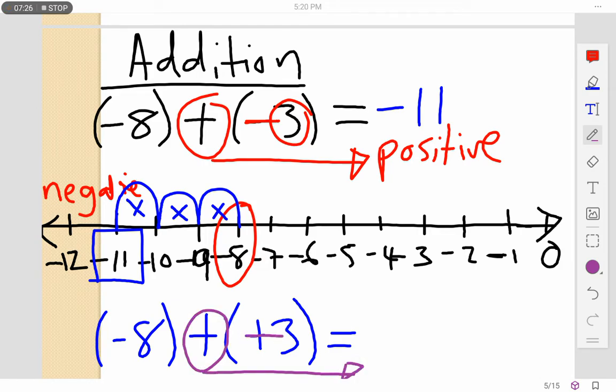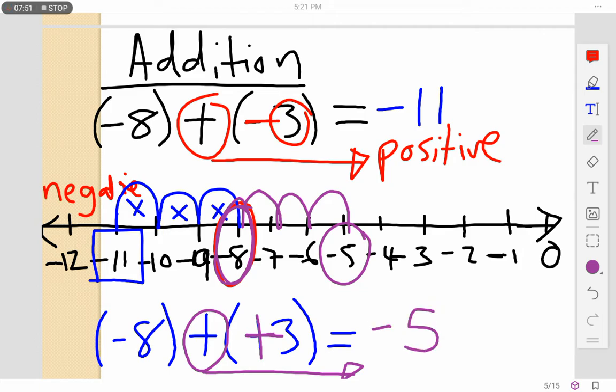So I'm going to add 3 from minus 8. I'll go 3 points: 1, 2, and 3. The number that I reach after counting 3 in the positive direction is minus 5. So minus 8 plus 3 gives minus 5.